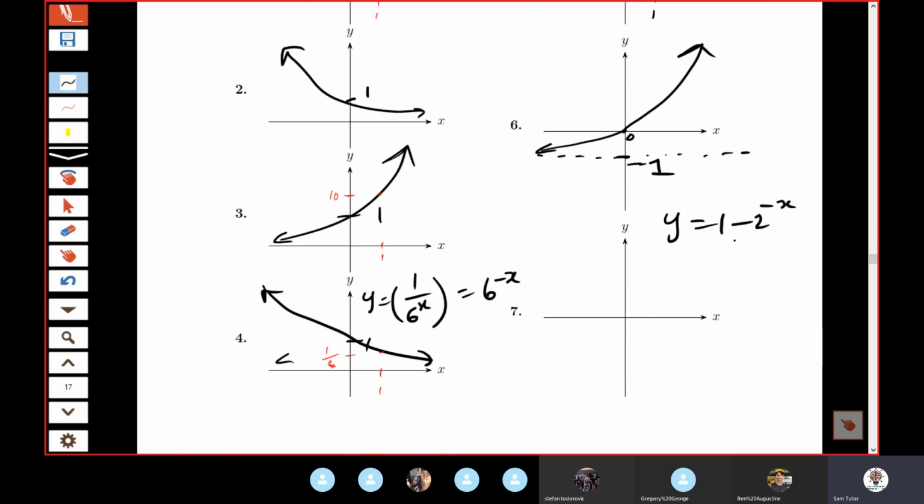Question 7. y equals 1 take away 2 to the power of negative x. Well, there's a lot of things that have happened here. I would first draw 2 to the power of negative x. So 2 to the power of negative x is like this. Negative 2 to the power of negative x, well, negative just means flip it down.